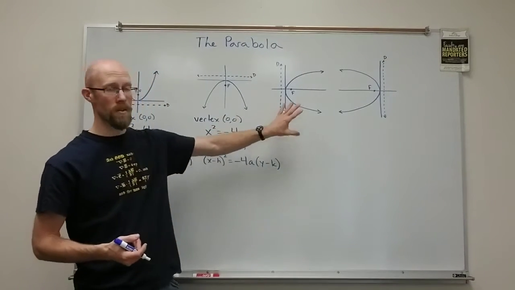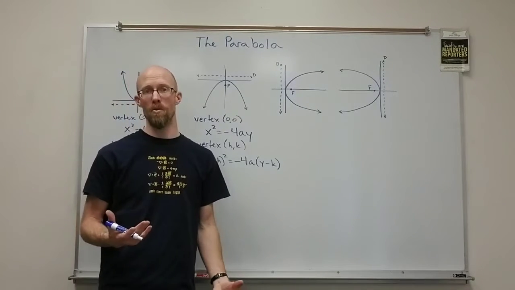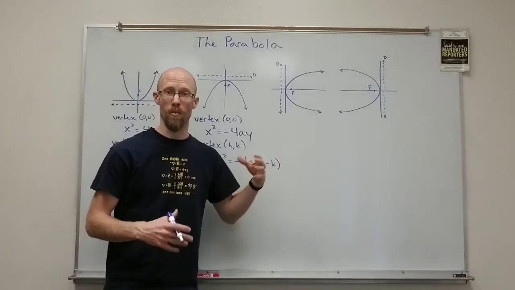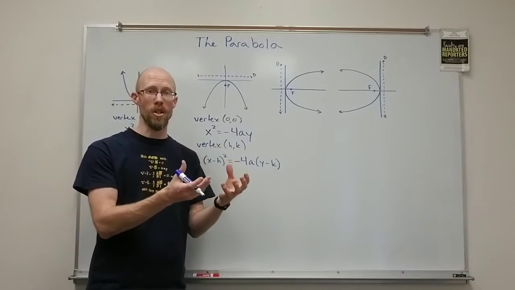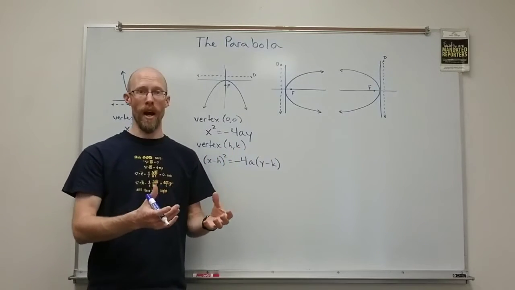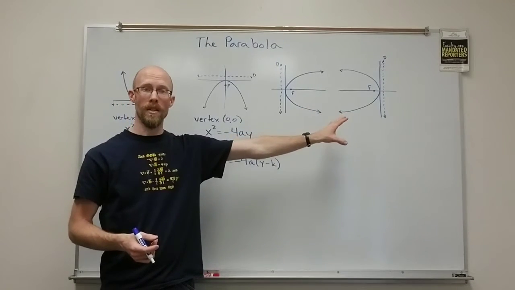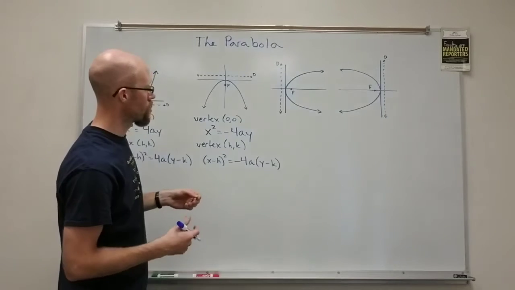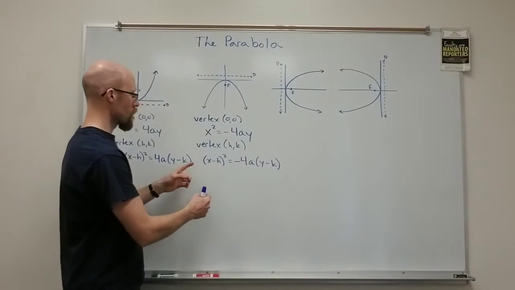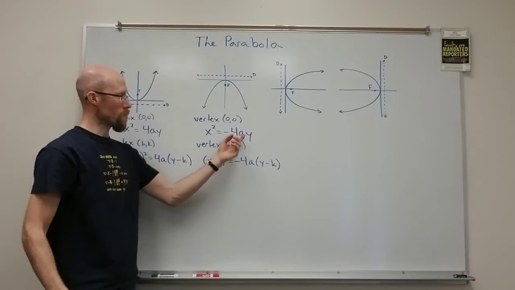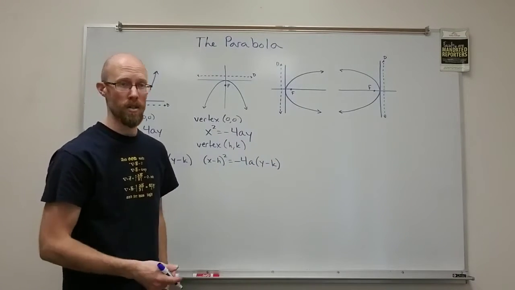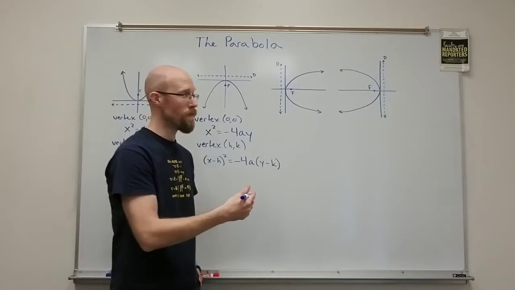We can actually allow it to fail the vertical line test because I'm not going to use function notation or represent this as a function. I just want the graph. I want an equation or a relation that represents the graph of a parabola that is now oriented horizontally. And so to do that, all we really need to do is switch the x and y values. We need to square the y and leave the x as the linear term, or the power of 1.